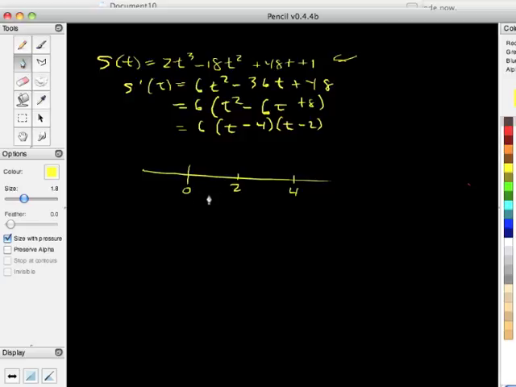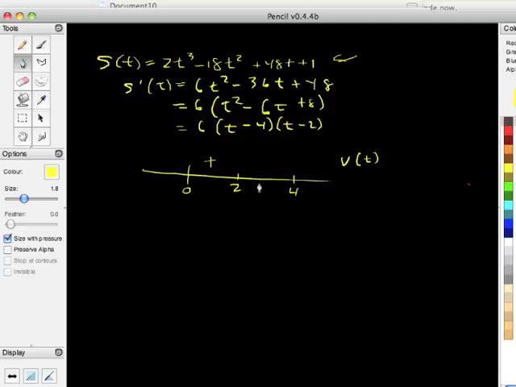So here's 0. We plug in 1 and we get 1 minus 4 is negative 3, and 1 minus 2 is negative 1, so we have a negative times a negative, so that's positive, so the velocity is positive here.